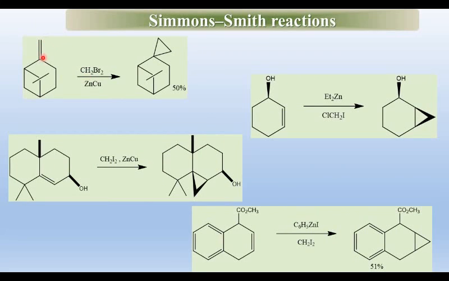Here the carbene is attached to this double bond. Here the carbene will react with this double bond to form cyclopropane. Here the carbene will react with this double bond to form a cyclopropane ring, and here this double bond is more reactive, and the carbene will react with this double bond to form cyclopropane.